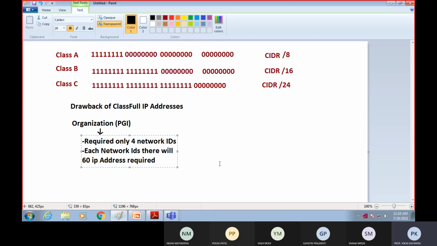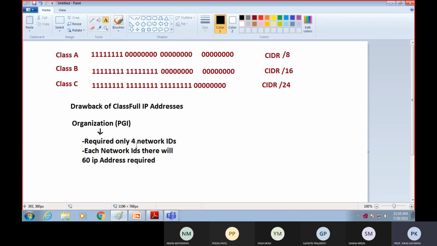So this is the requirement. We require 4 network IDs, and in each network ID we require only 60 IP addresses, because we want to design 4 networks and each network can contain 60 computer systems.